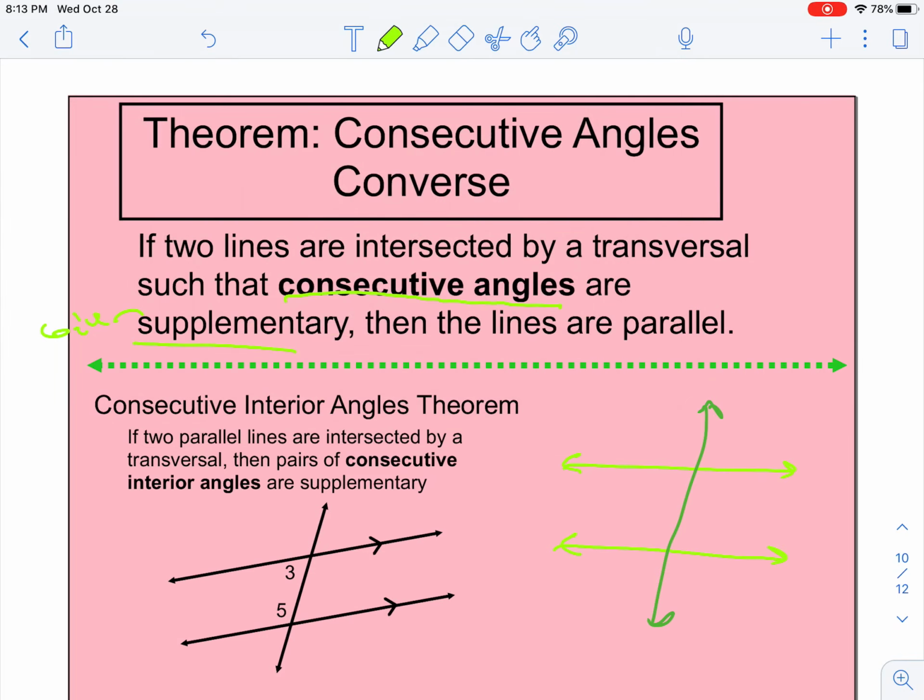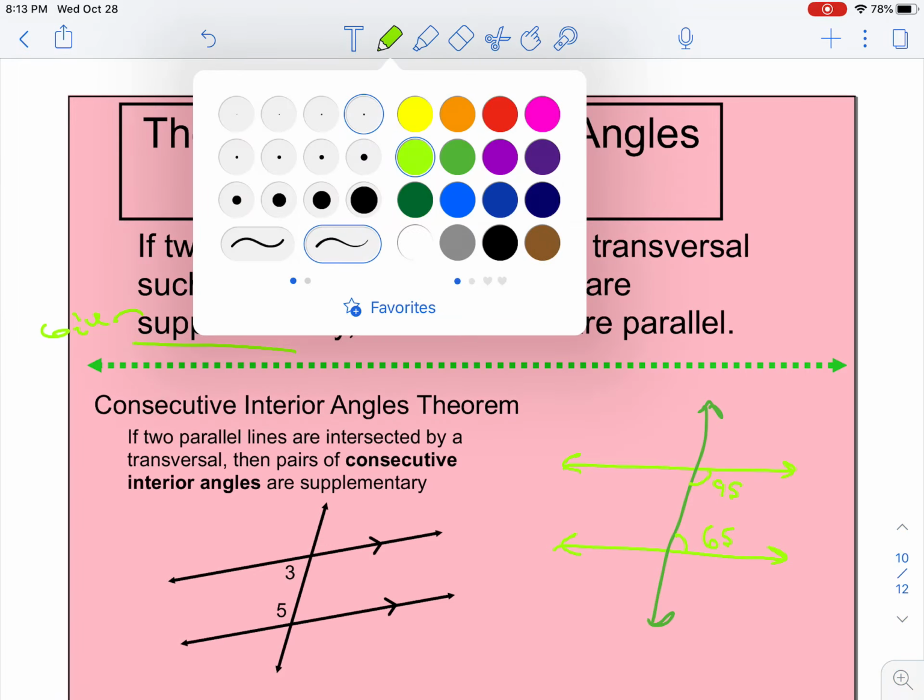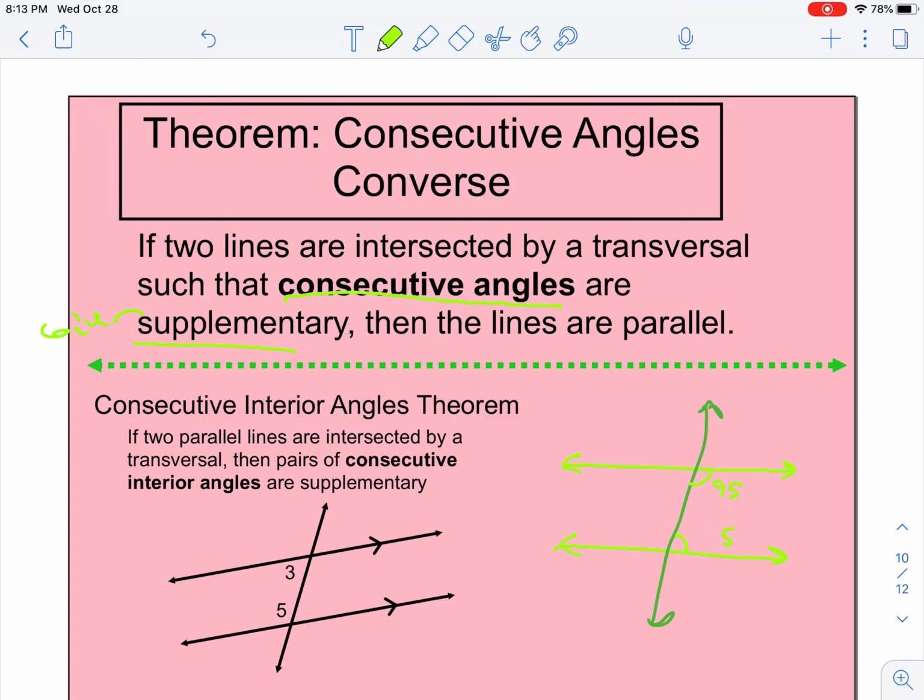And now we're going to be given that this angle is 95 and this angle would be 85.